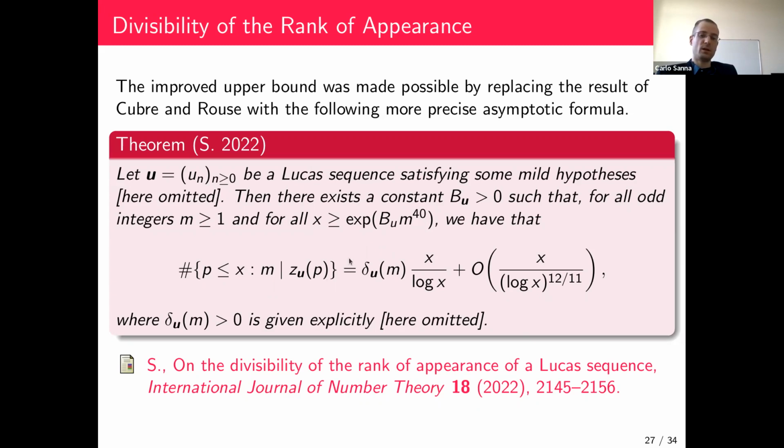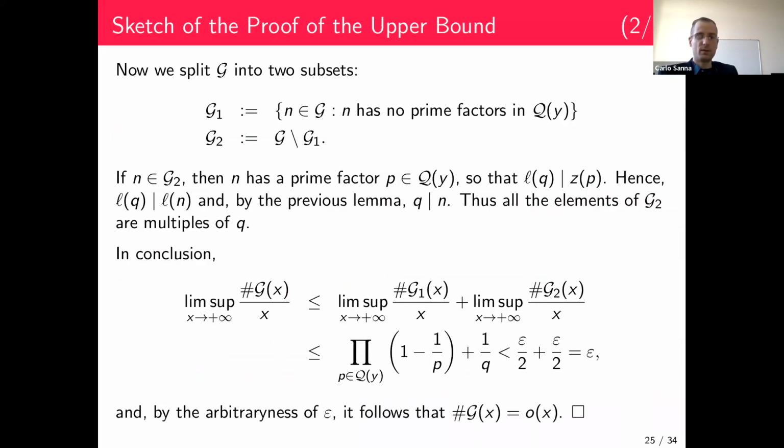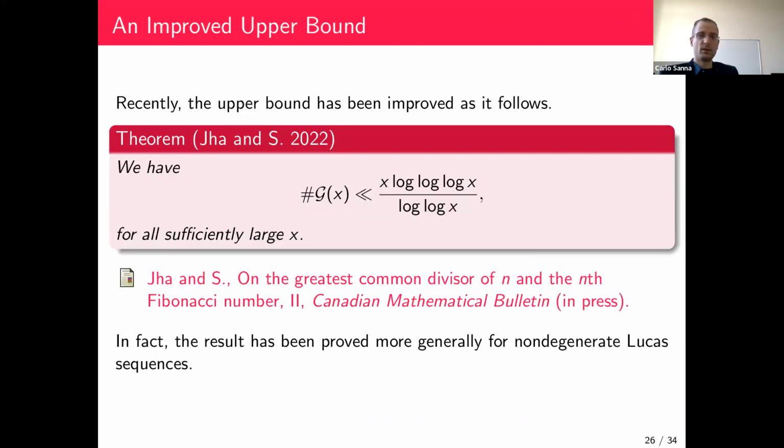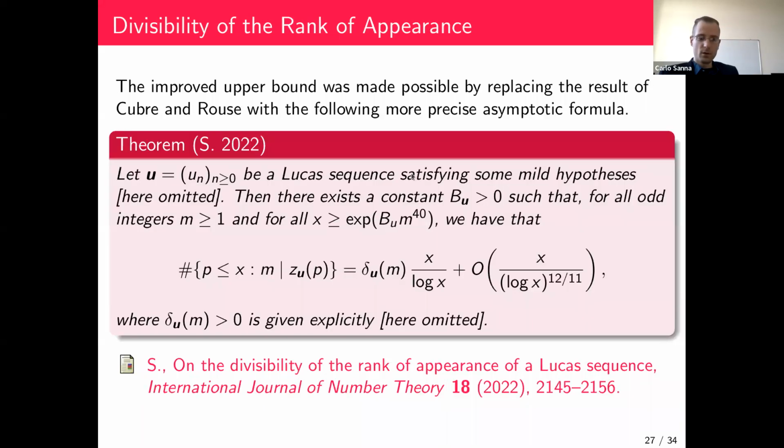And this result not only gives the relative density of the sets, but it also has an asymptotic formula with an error term. And so one can repeat this previous reasoning, but taking into account all the error terms, and thus getting the more precise upper bound. All right, and this is a result of this paper of mine. In fact, improving that upper bound was the main motivation of working on this formula.